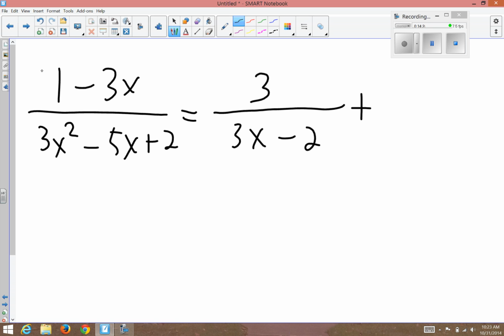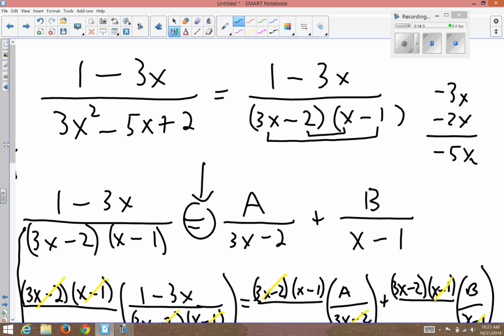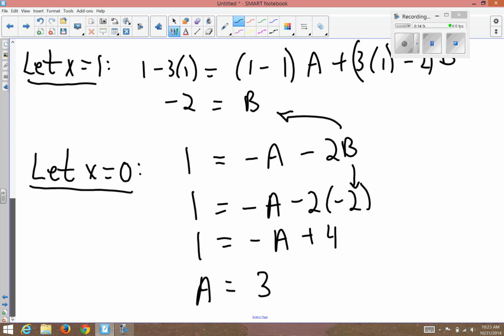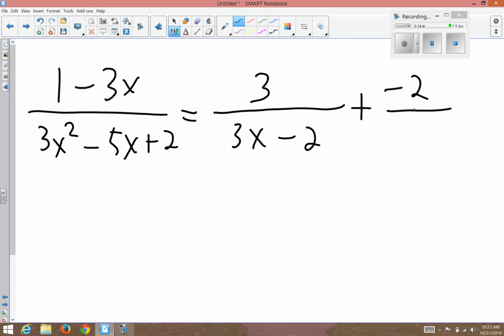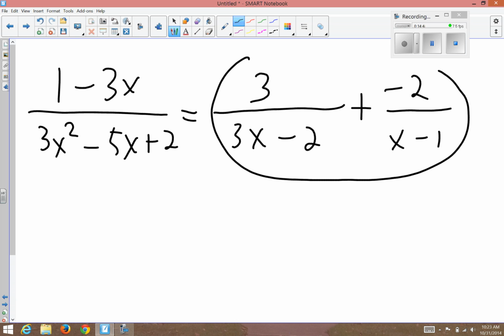Plus b over x minus 1. Right here, b over x minus 1. B is negative 2. That's it. This is the partial fraction decomposition.